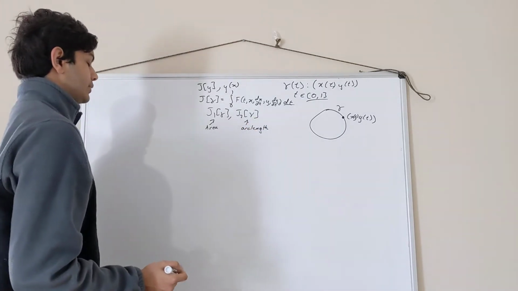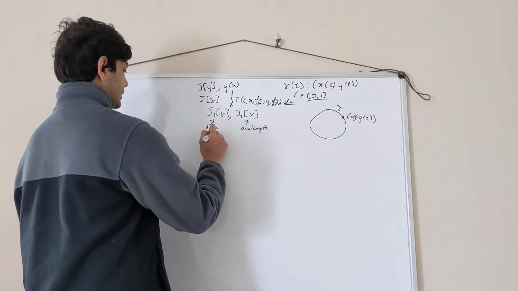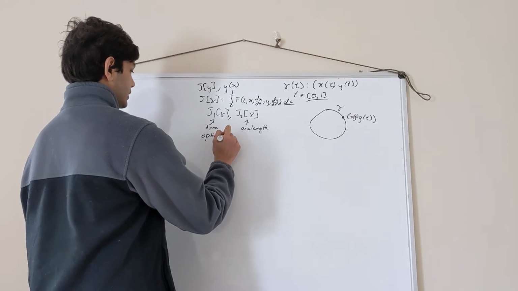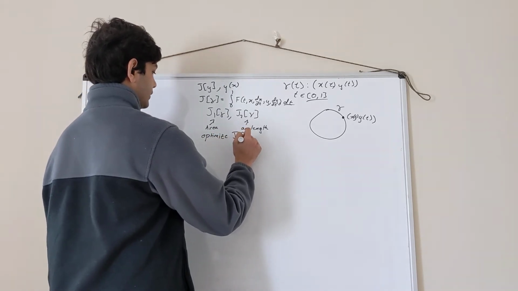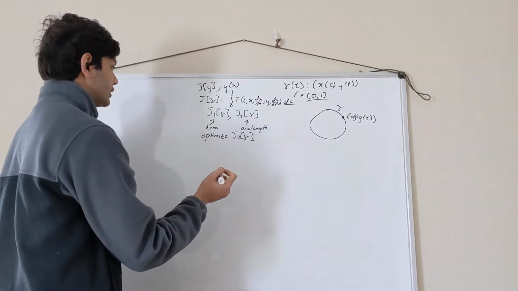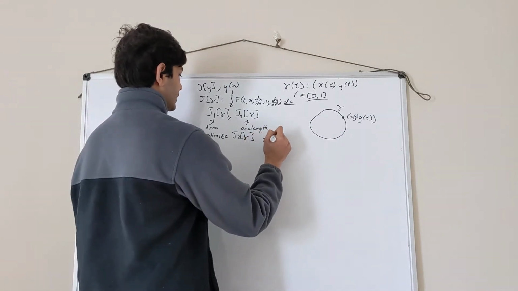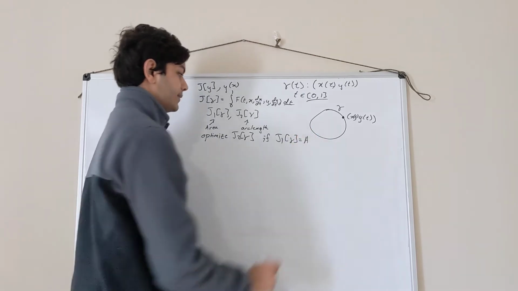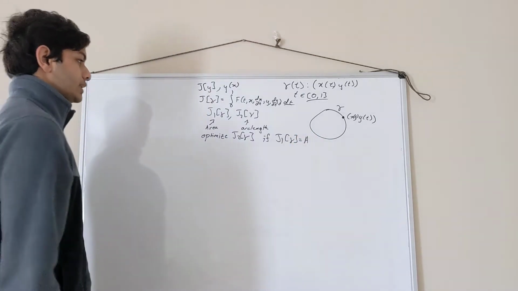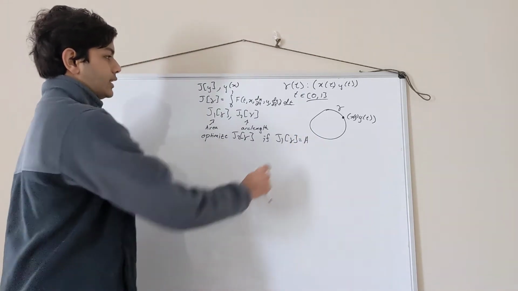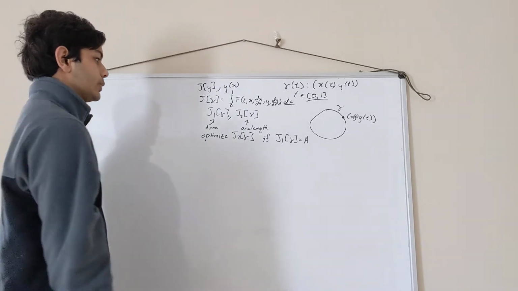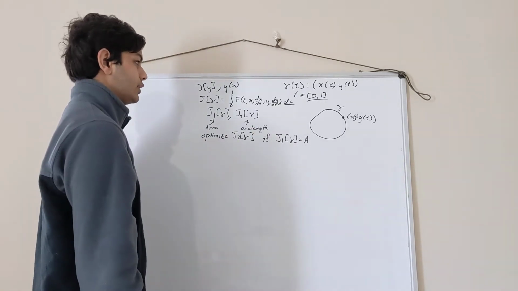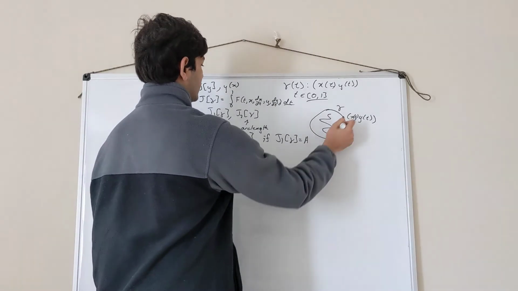So the problem is the following. Optimize J2 of gamma, where again gamma is just some parametric curve, if J1 of gamma is equal to some fixed area A. So this is a functional where you feed in the parametric curve that you're working with, and it will spit out the area enclosed by that curve, like this area over here.